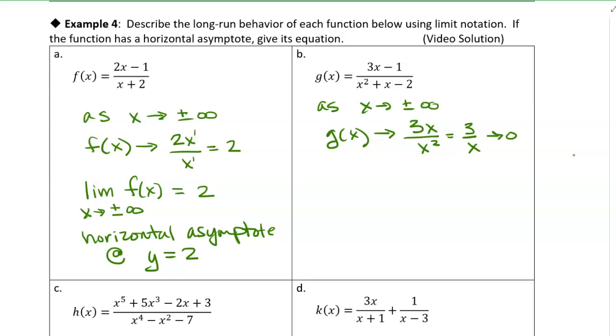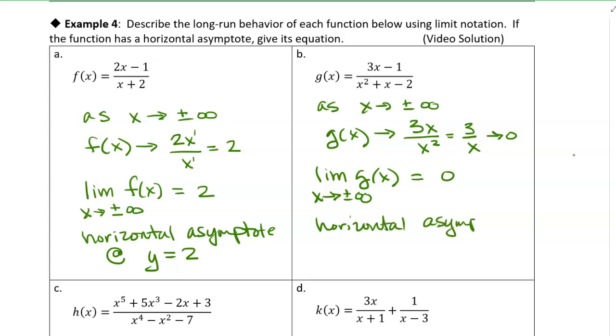So we can express the long run behavior in limit notation: the limit as x goes to plus or minus infinity of g of x is equal to 0, and we have a horizontal asymptote at y equals 0, which is the x-axis.